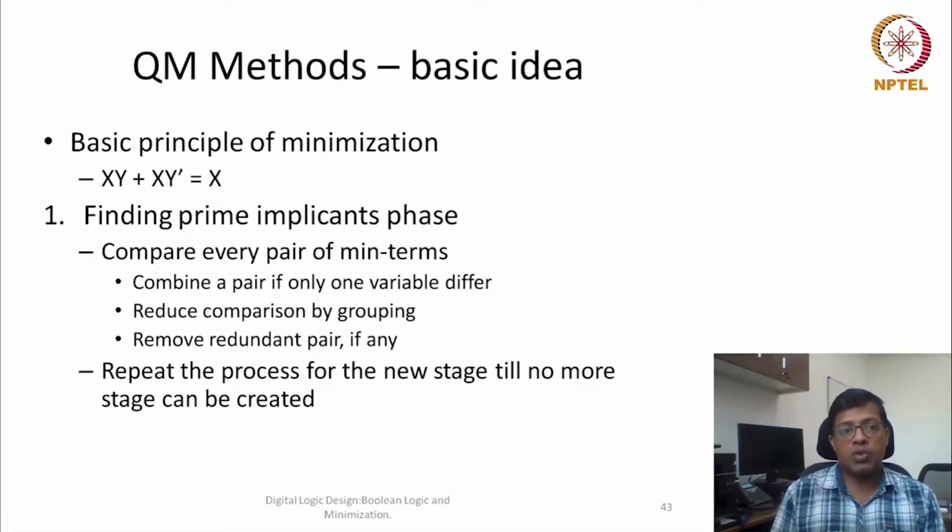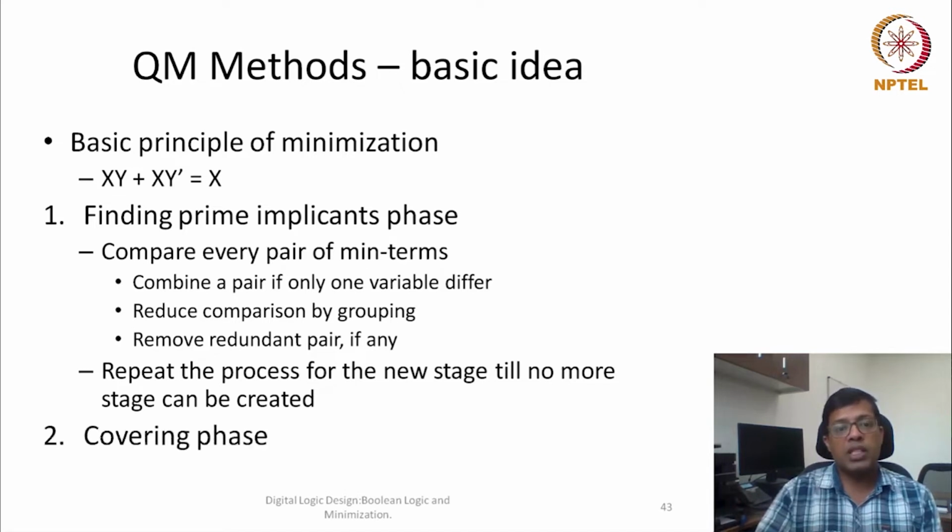So the total number of stages would be equal to the maximum number of variables. Till all the possibilities of eliminating variables finish, we also finish this prime implicant finding phase.